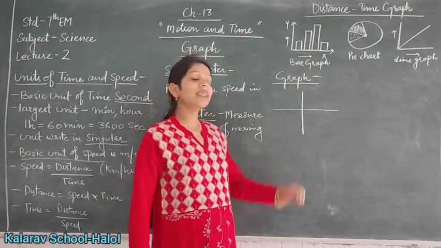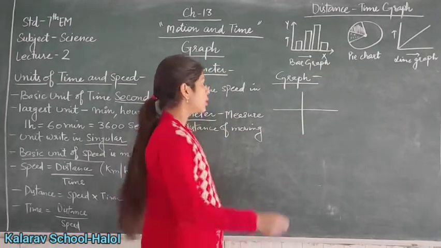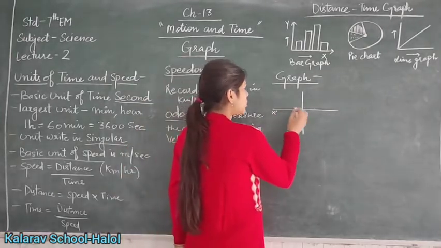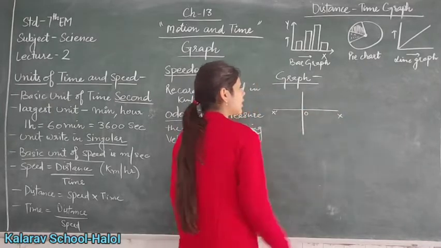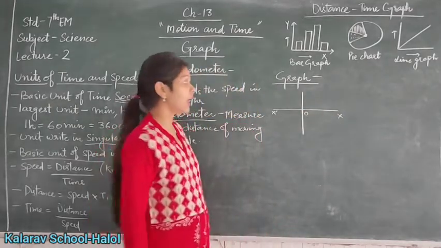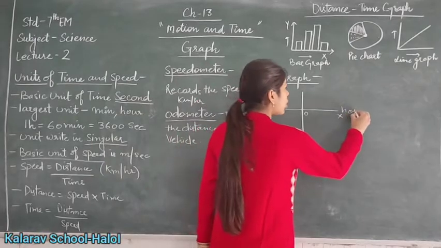As the two lines are perpendicular to each other, the line X dash O X is called the horizontal line.